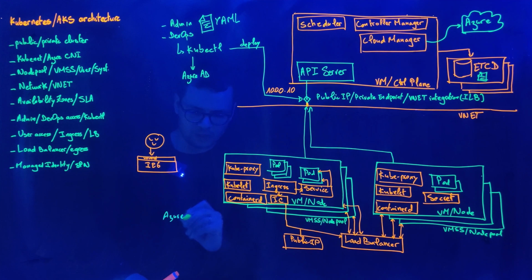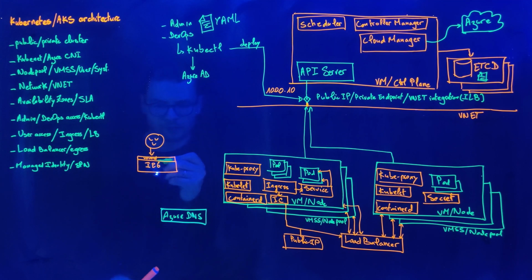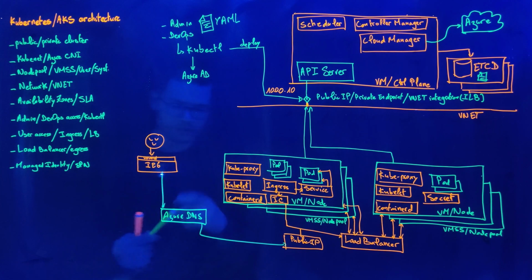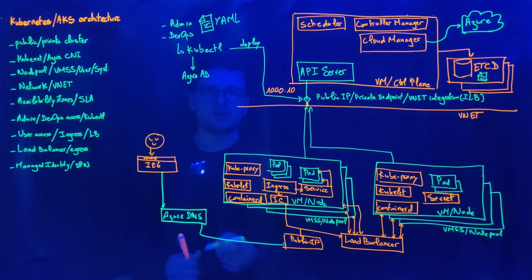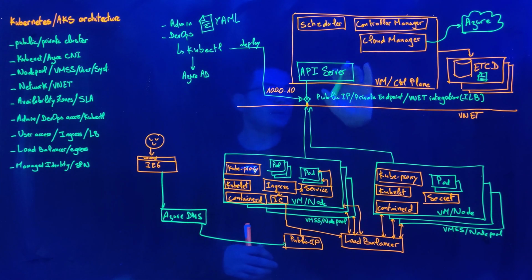I can configure that using Azure DNS, where I can map my domain name to that public IP right here, so that those users will connect to my domain name defined inside Azure DNS. Great, so this way those DevOps and those admins will deploy the applications here.